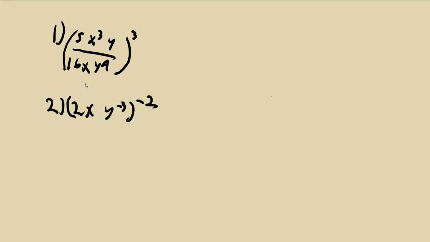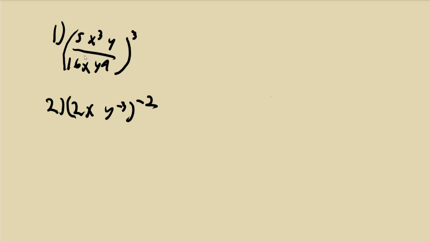All right, so let's solve the first one. 5x to the power of 3. First of all, we can start by distributing, or we can just simplify this and then distribute. I will just simplify this first and then distribute the exponent. Remember, we still have to divide these, so we still have to subtract the exponents.